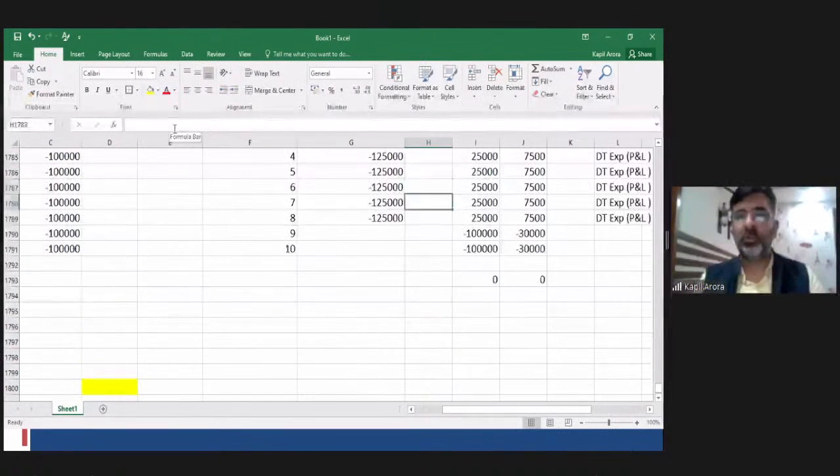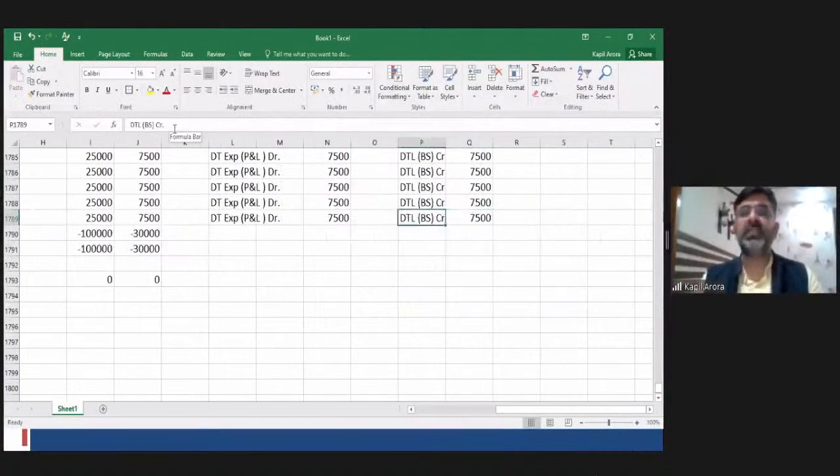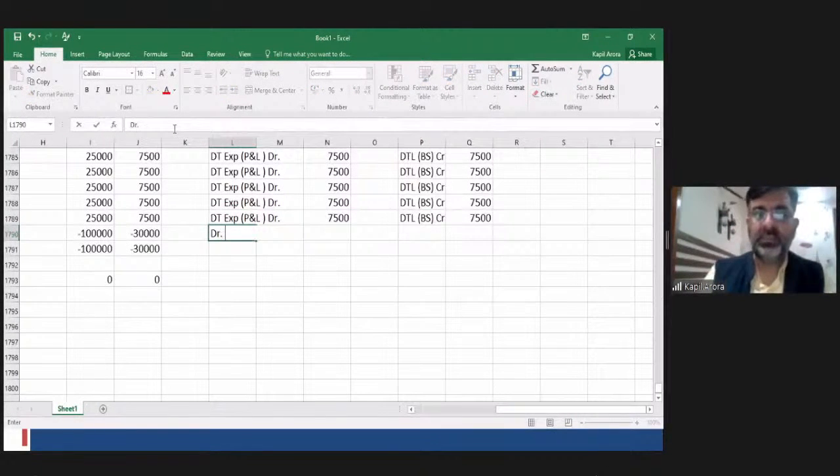So what are the entries which we need to pass in year 9 and 10? Debit deferred tax liability, which is in balance sheet, with 30,000.